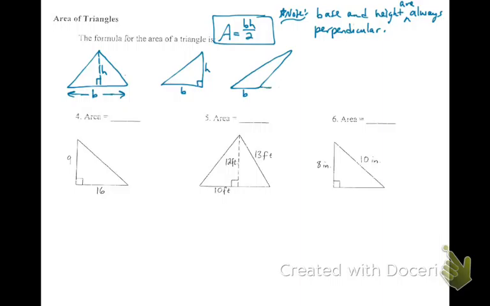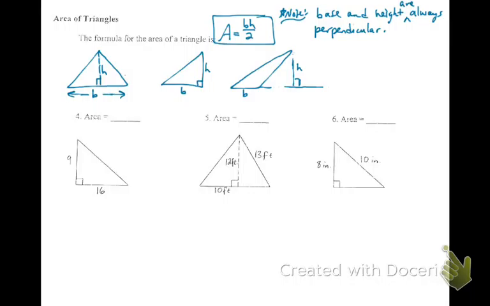You kind of have to extend that bottom side out to find out the height, because the height is always the distance perpendicular to the base. But in an obtuse triangle, you have to extend the sides to find the height.